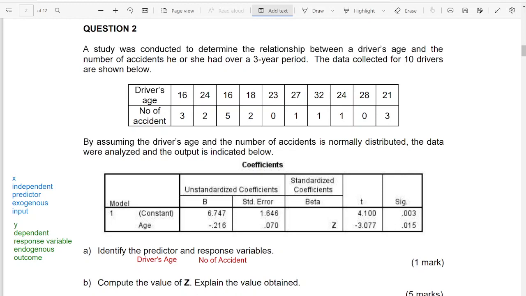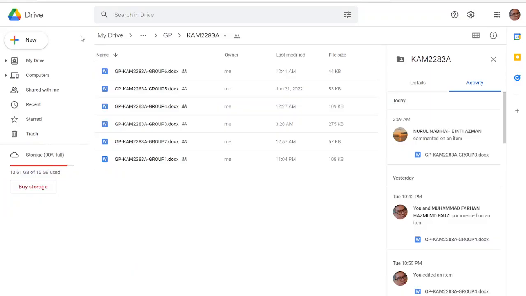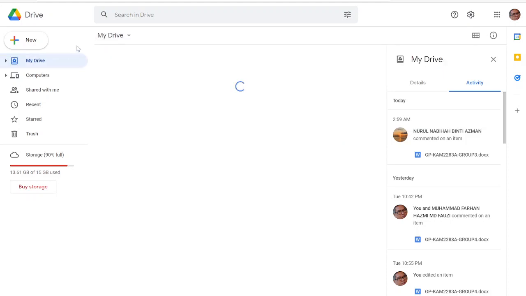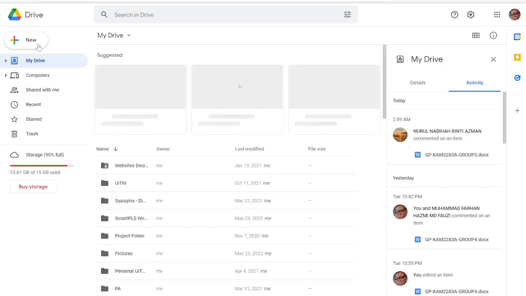I will do it here, so let me just use Excel, it's easier. Let me try to get an Excel sheet. Hopefully the line is okay.